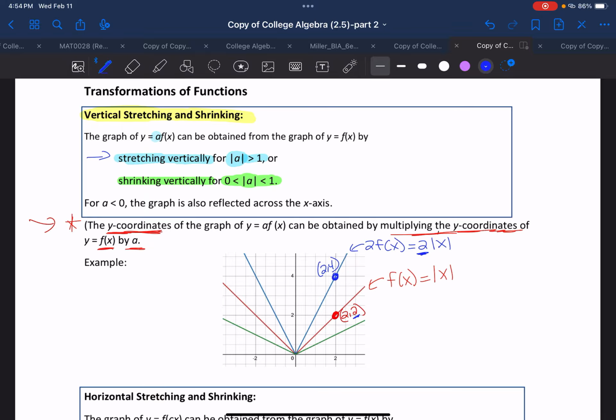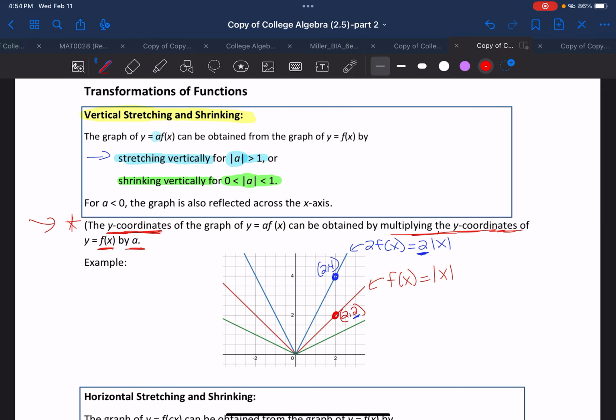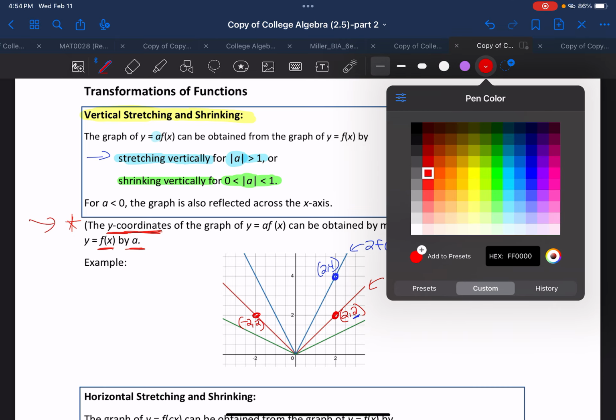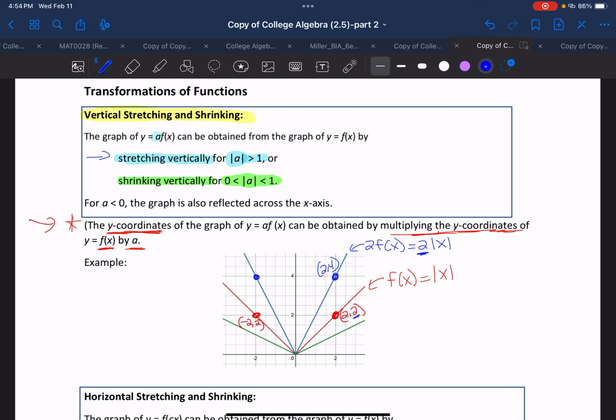And then there's another point over here that is (-2, 2), and if I multiply that y coordinate by 2, I would get (-2, 4). So the x values are not changing, but the y values are being multiplied by a, whatever the number in front of the base graph is.